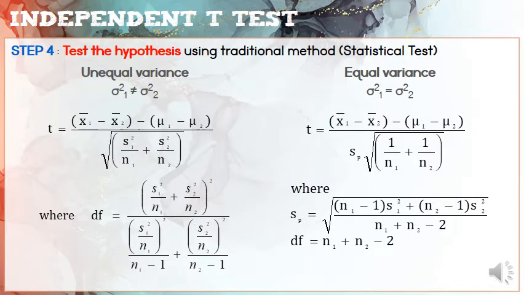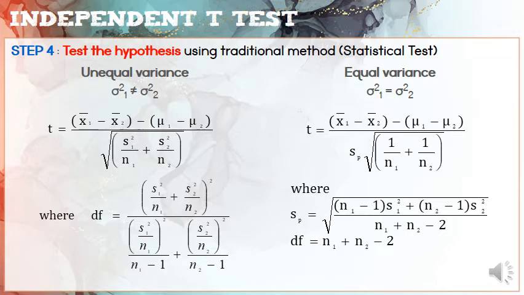So, to test the hypothesis using traditional method, for unequal variance and equal variance, the formula will be different, but you don't have to worry. The formula will be given in your final exam, so you just refer saja, but it's actually the same as before dalam estimation.